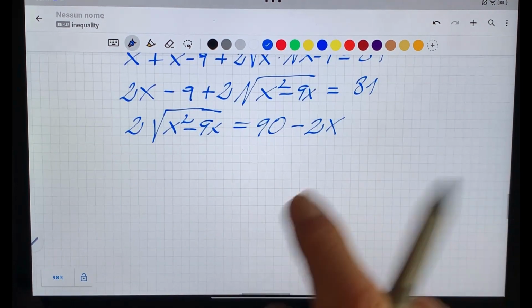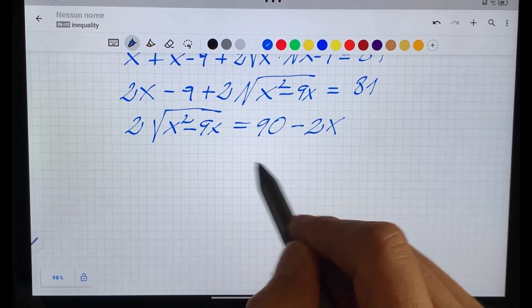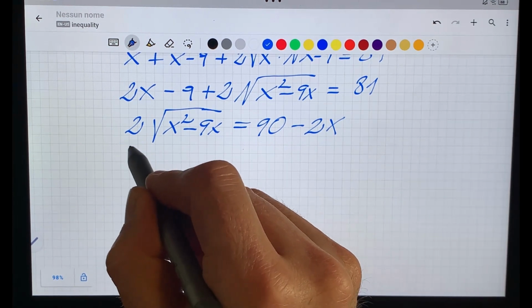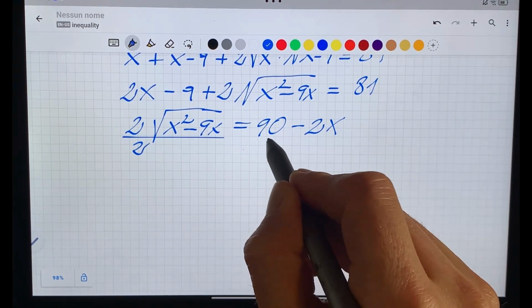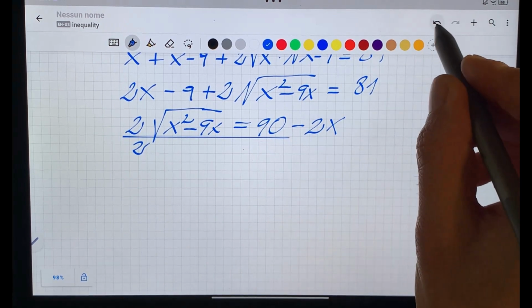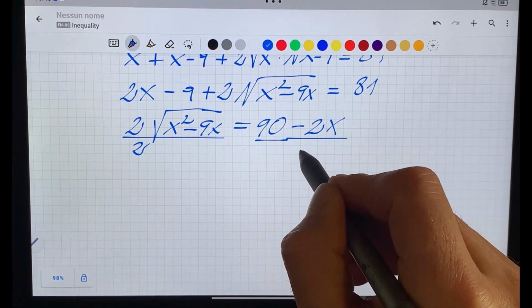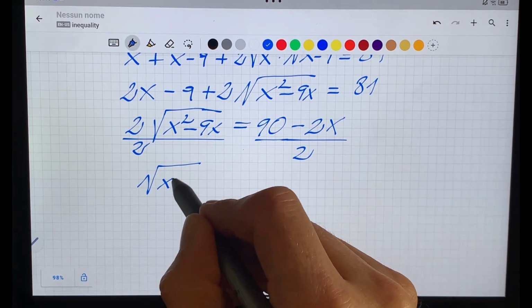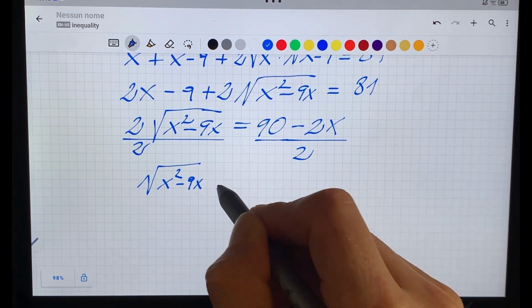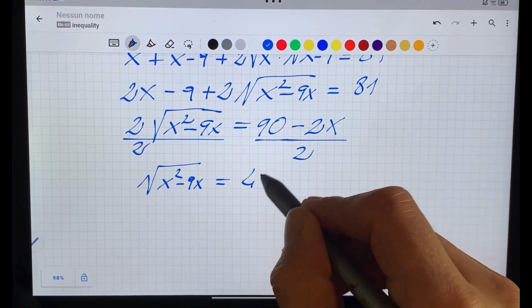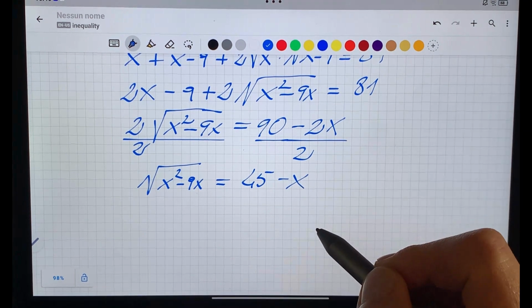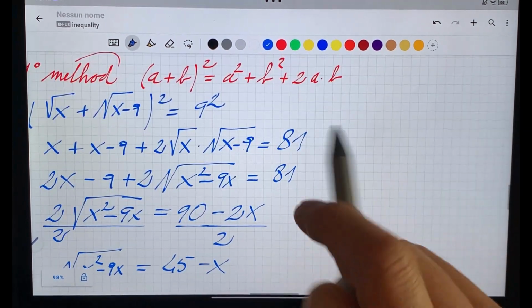Now we divide by 2, left hand side and right hand side. That means square root of x squared minus 9x is equal to 45 minus x.